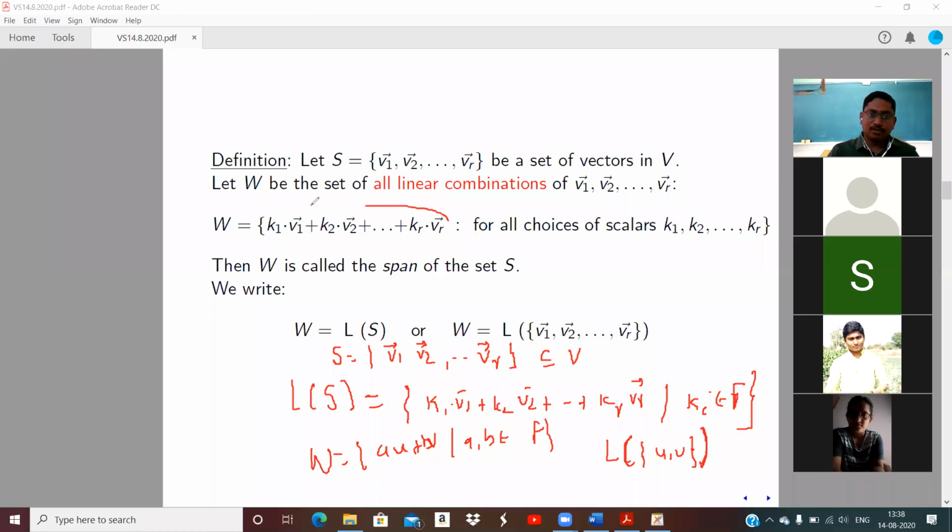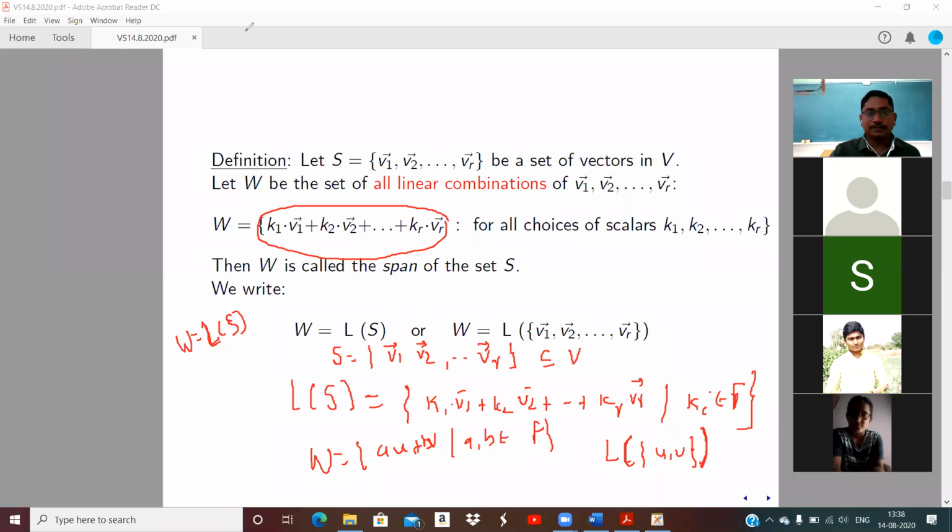All the elements in this set are of this form. Every element written in this form, a linear combination of these vectors, will be part of this W, and then W is called the span of the set S.